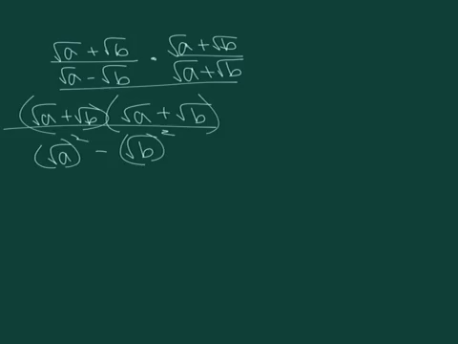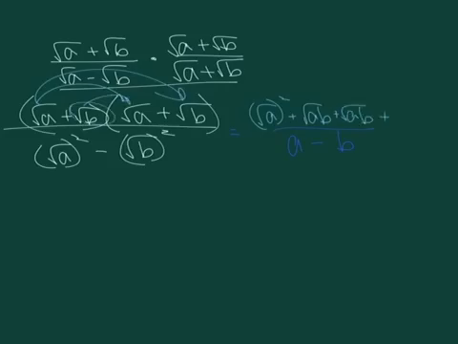Alright, so the denominator is just going to be a minus b. Ooh, I don't like that blue. Let's try a lighter blue. And then we do the FOIL. Square root of a squared, outside, inside, and then last.